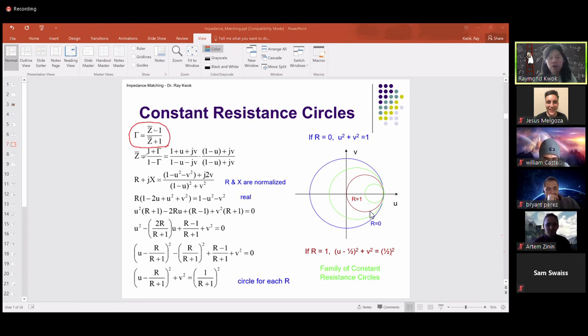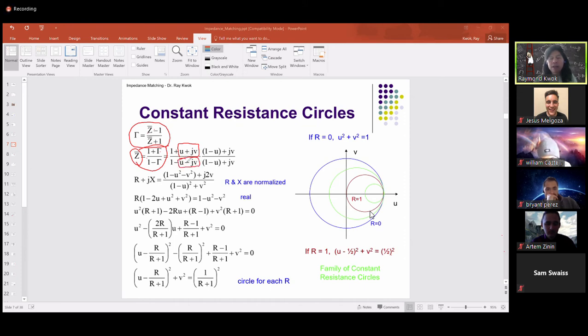I can turn it around and solve for z, as a function of gamma. We did that, I think. From this, I can turn it into this, with linear algebra. In terms of real and imaginary rectangular coordinates, I'm going to write gamma as U plus jV. Again, U is the real part, V is the imaginary part. So I get this.